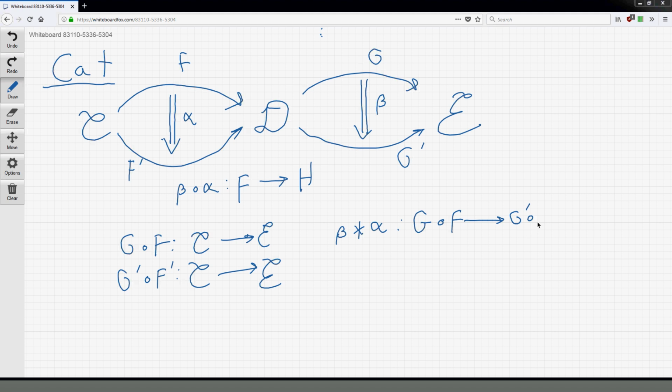So that's horizontal composition. And I think that's it for today. I'll open up questions real quick.